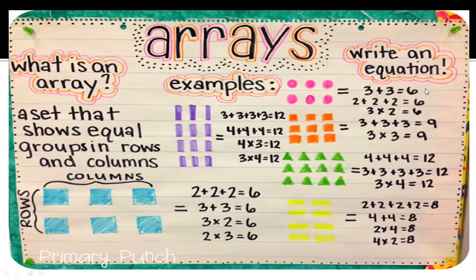Or 2 plus 2 plus 2, so our answer is going to be 6. Or simply, we multiply 3 with 2 equals 6.